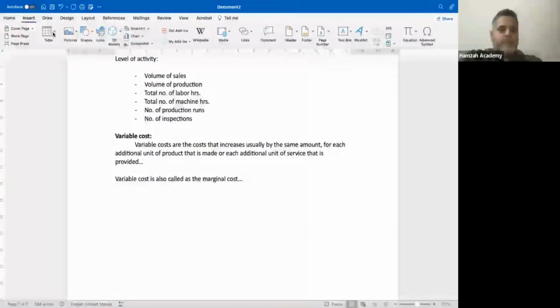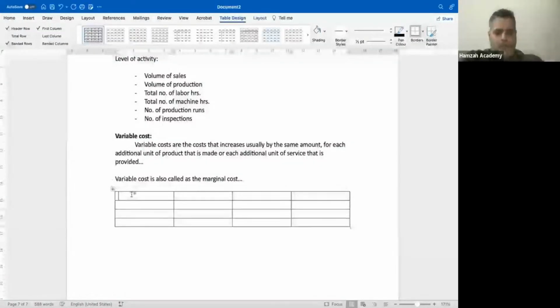Like, for example, I can have my product, my per unit cost, the number of units, and then my total cost. Say I have a product X whose cost per unit is 5. I'm making 10 units, so the cost is going to be 50.